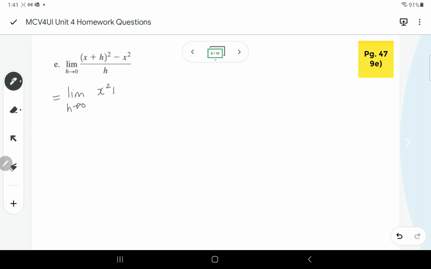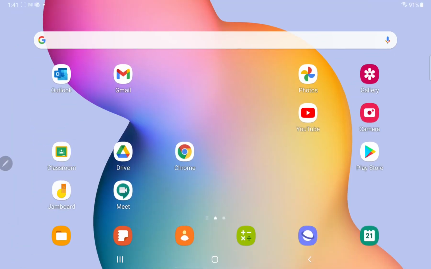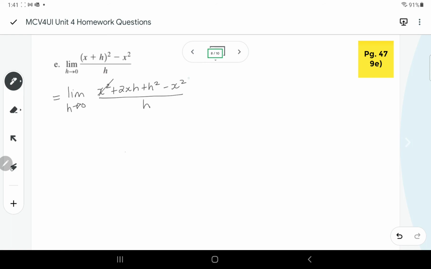So I'll have x squared plus 2xh plus h squared minus x squared over h. Then reducing the x squareds. And I'm going to factor out an h. So I have 2x plus h over h. And those h's reduce.